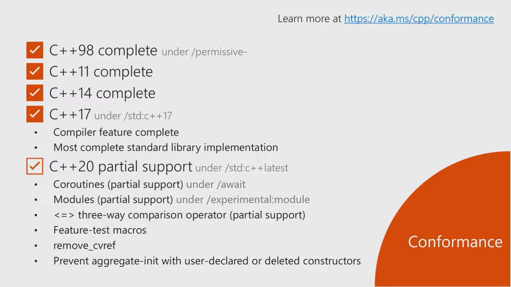The C++20 standard is a huge standard for C++ developers, and it will likely be approved later next year. The team is already working on adding support in the compiler, libraries, and IDE, and we already have some functionality in the update that you're getting today. We continue working on this, and future updates of Visual Studio will add even more C++20 features, so stay tuned.